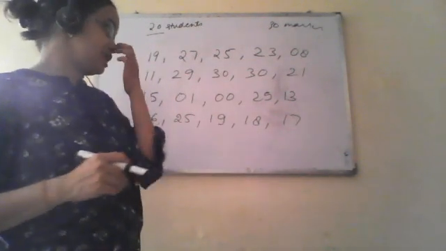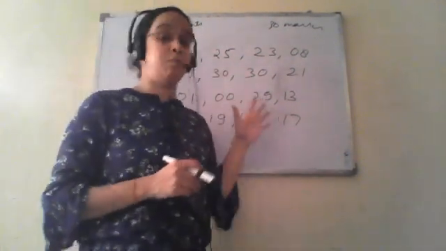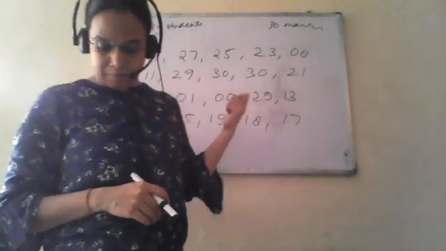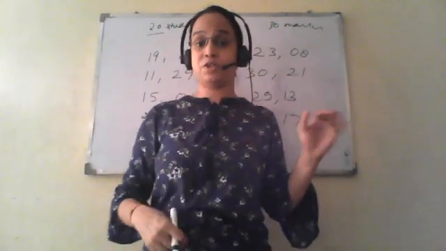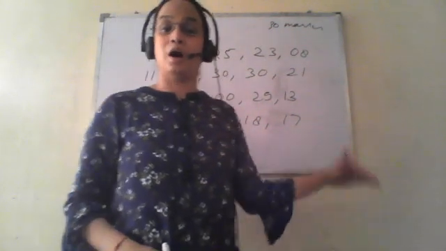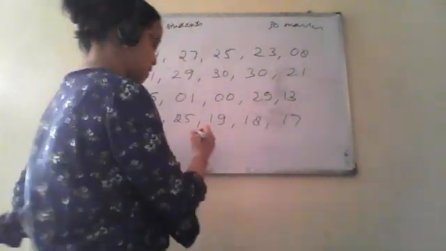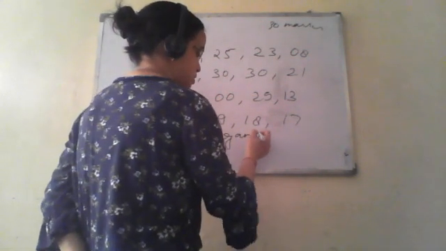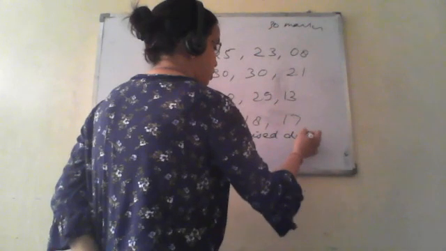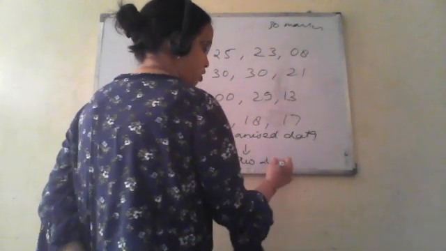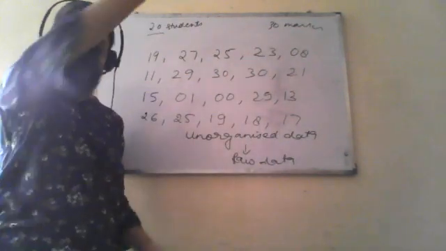Now this is given in an unorganized form, or in a random way. So this type of data, which is in unorganized form, is called raw data. This data at present is in unorganized form, so unorganized data we call raw data.